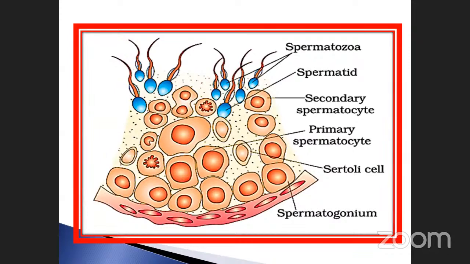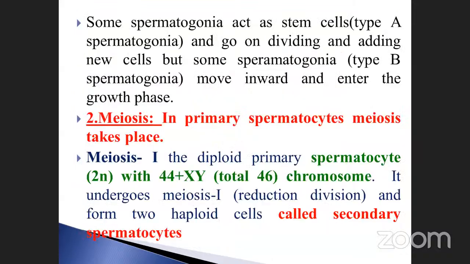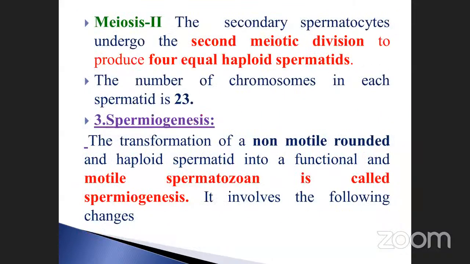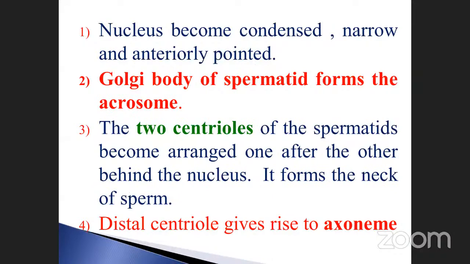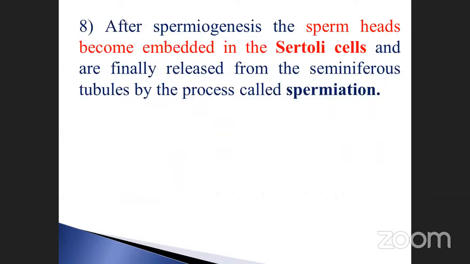Already see here, this is spermatogonium, and then primary spermatocyte, secondary spermatocyte, spermatid, and spermatozoa. What are the divisions that occur in between? We already discussed in the previous slide, isn't it? So this is another type of slide. See here. These things were also already discussed. What are the things present?